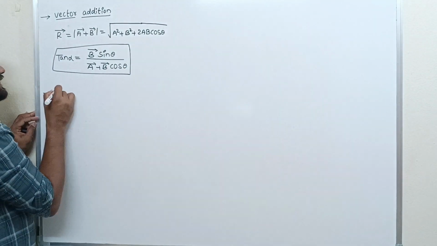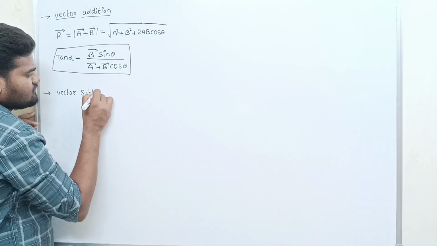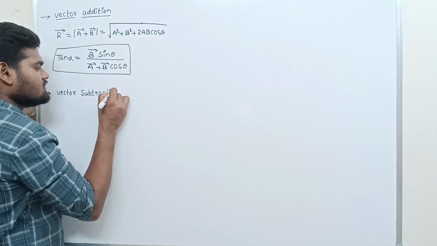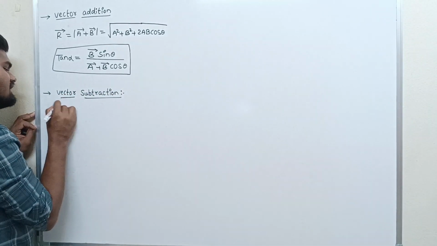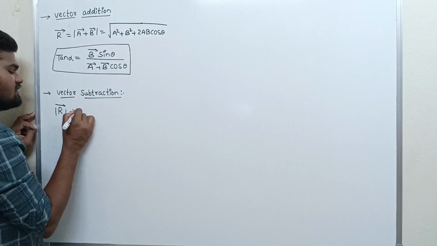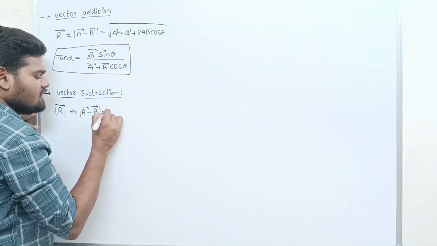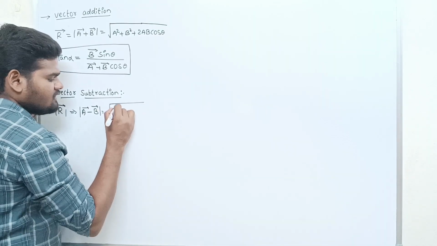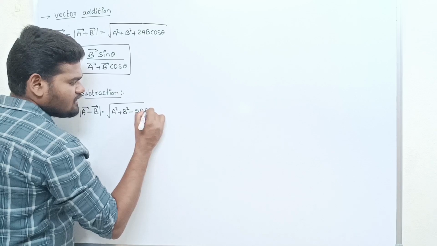So in case of vector subtraction, the resultant of the two vectors, a bar minus b bar, is equal to the square root of a square plus b square minus 2ab cos theta.